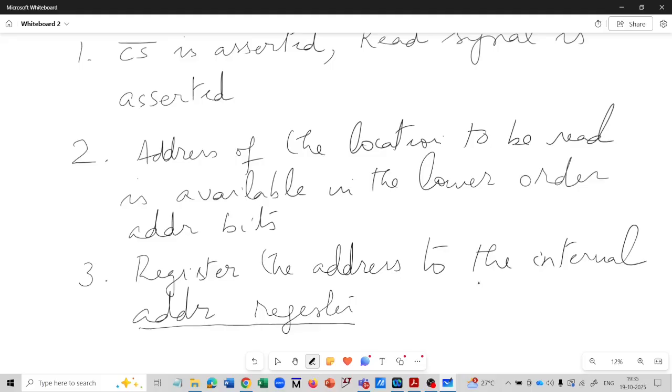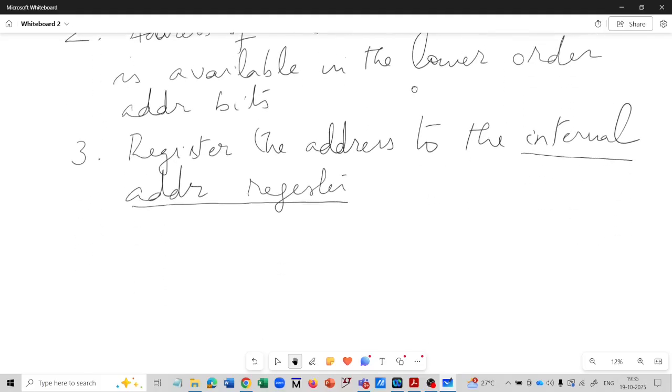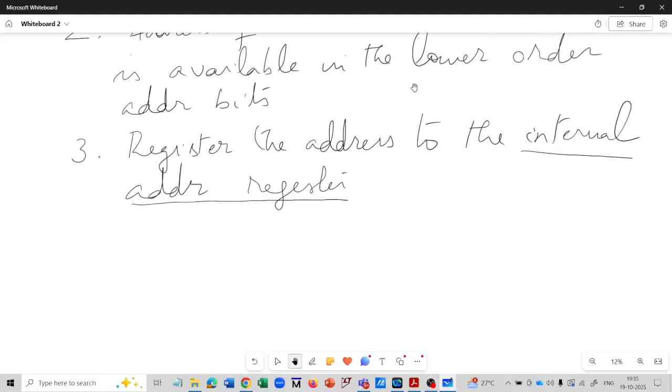So the address register is part of the software interface of the interface controller. Therefore, the address that is specified by the processor to be accessed from the memory will be now stored internally in the internal address register.